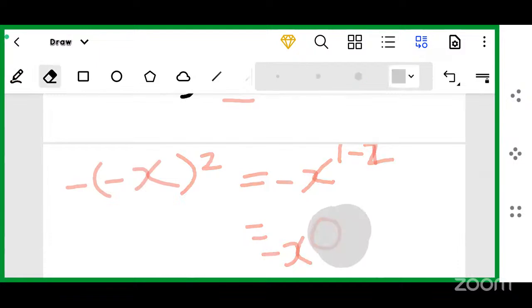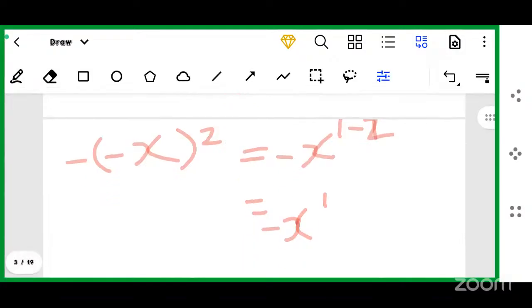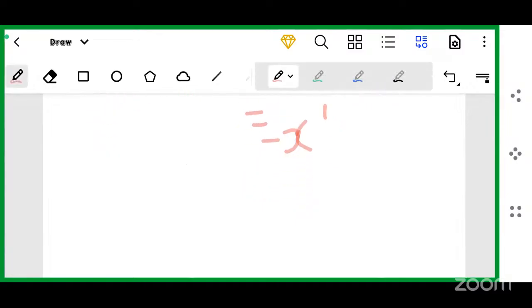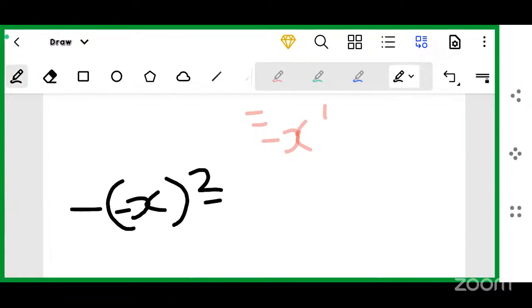I love how you did to the power of 1. Remember, for something like negative x to the power of 2, this 2 shows that you are multiplying them 2 times, meaning you have to rewrite them 2 times. It also shows that you multiply inside everything. We have an imaginary 1 there, so the 2 multiplies the exponent of x and the exponent of negative 1.